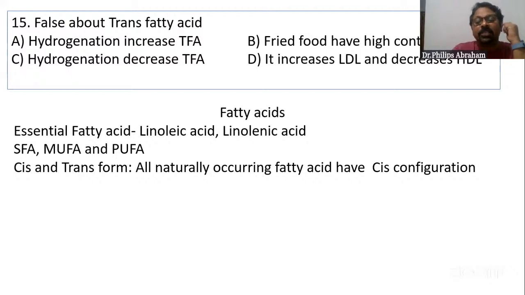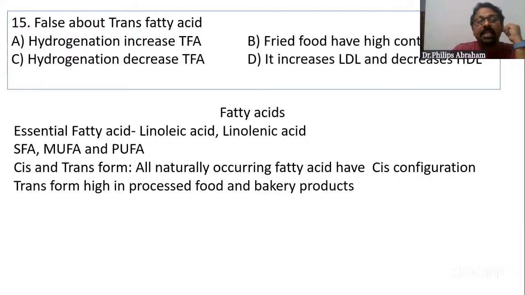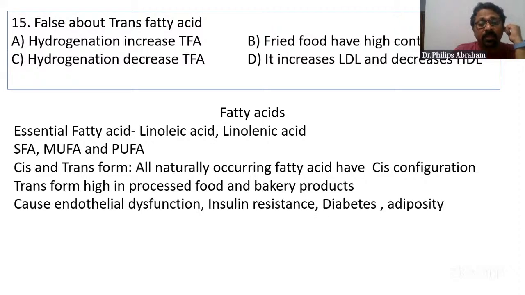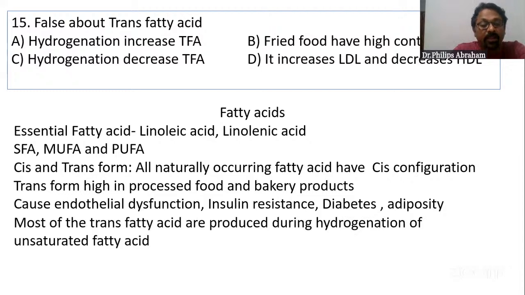All the naturally occurring fatty acids will be in the cis form. The trans form we always see in highly processed food and bakery items. This trans fat is not good for the body. It can cause endothelial dysfunction, insulin resistance, thereby diabetes. It can cause adiposity.